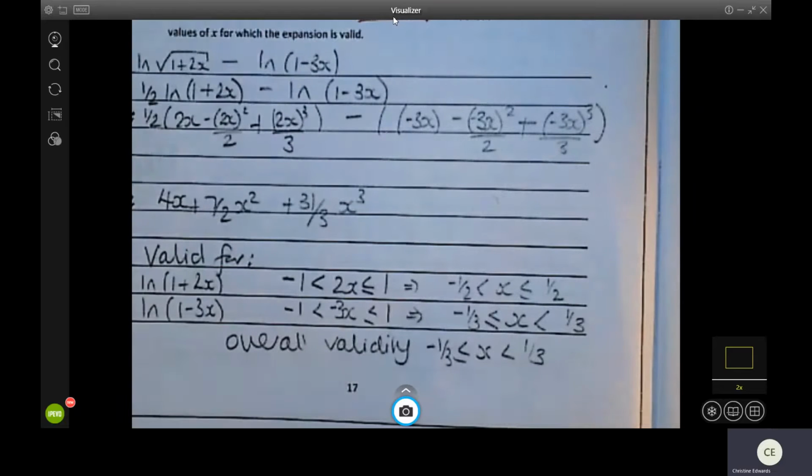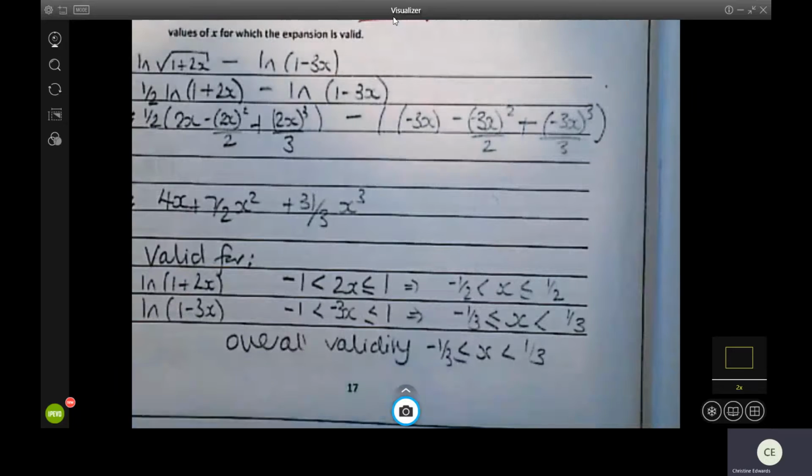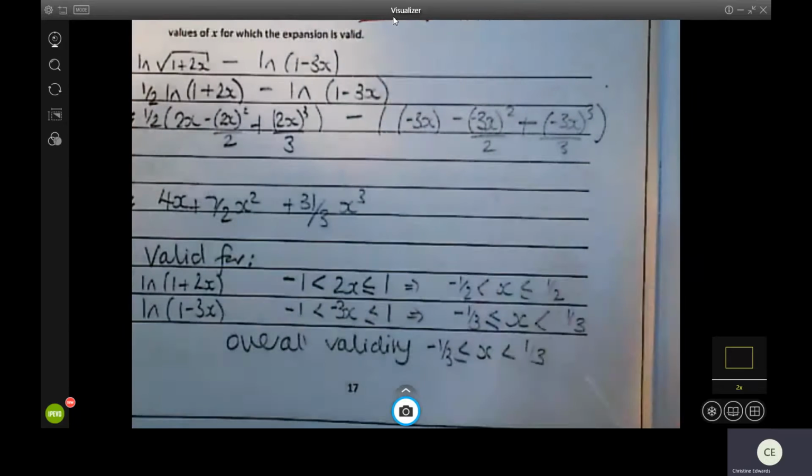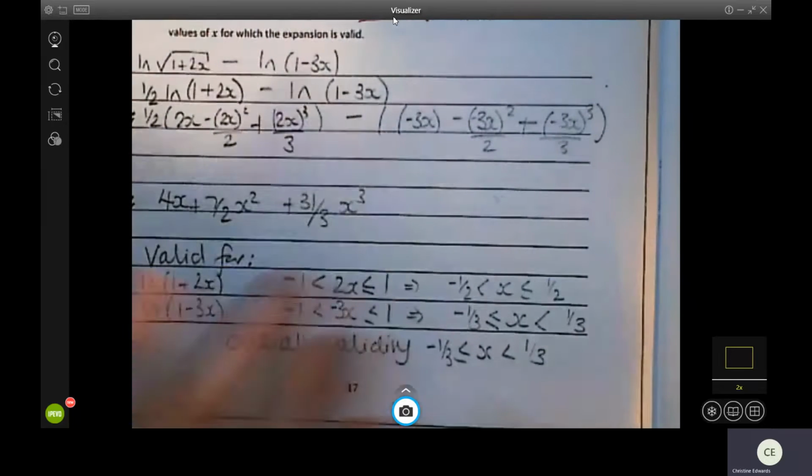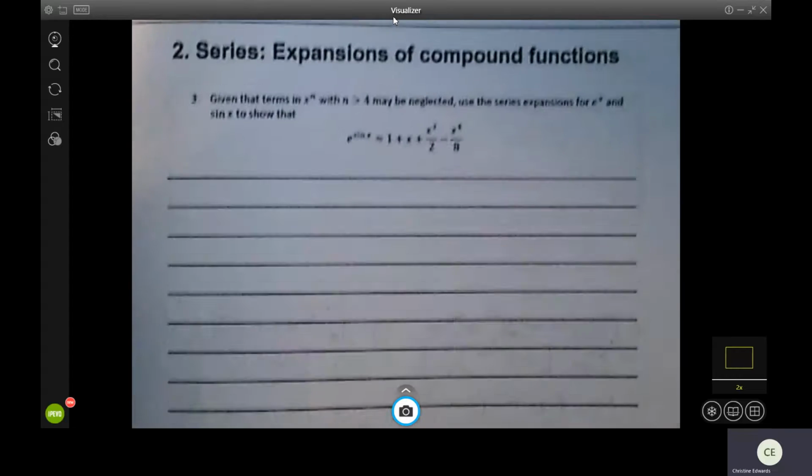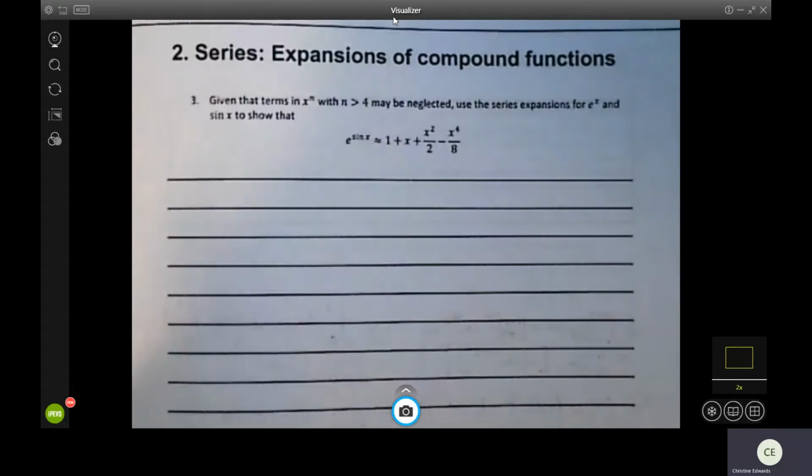We've got one more to complete, which is number 3. And it's putting together two functions, and therefore, two series expansions. Now, we are asked to neglect terms above x to the 4.